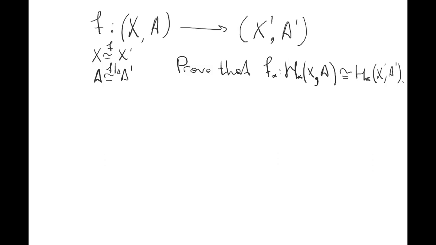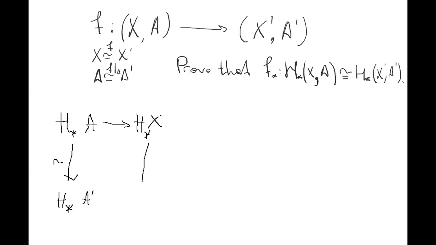So we have a map like this, that's an isomorphism, and a map like this.